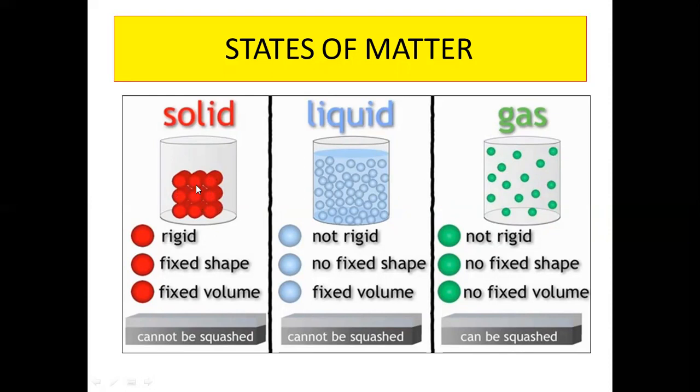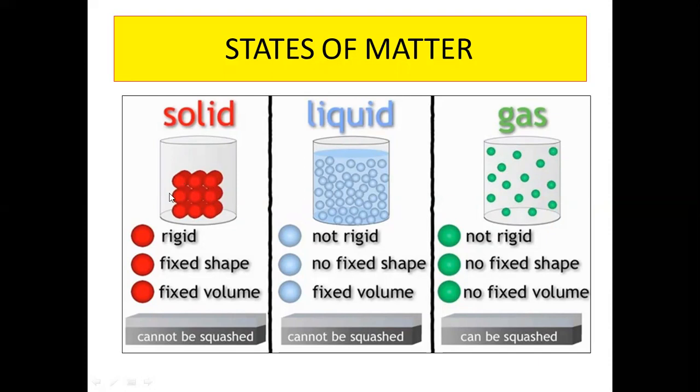The molecules in a solid are held by a force that is called intermolecular force. In case of solid, the molecules are tightly packed, so we could not see any space between these particles of the solid. That means they are held at one position. The space between the molecules is called intermolecular space.